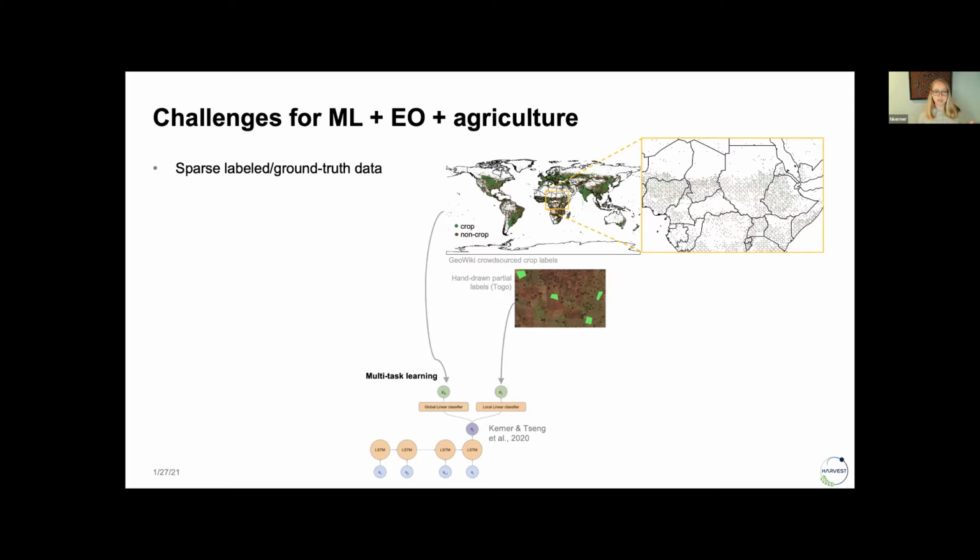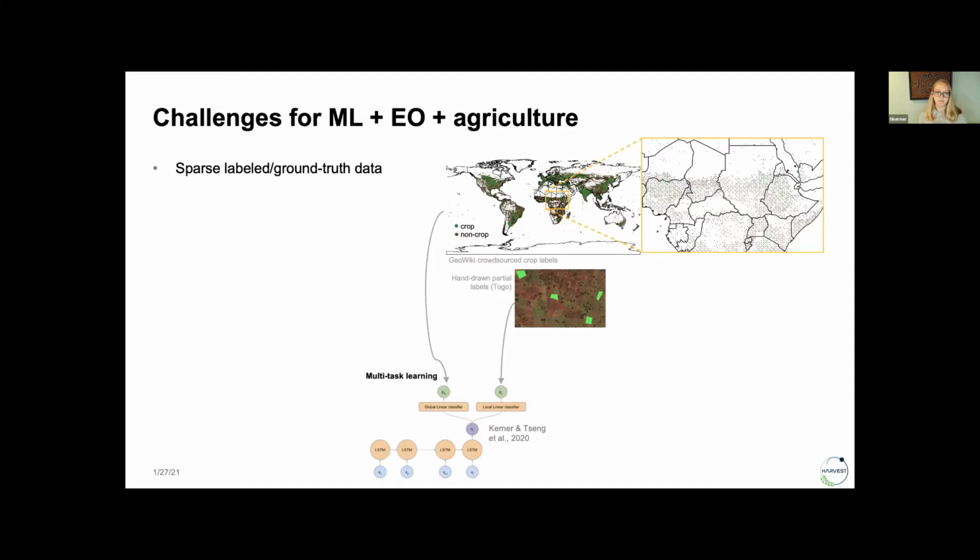So in this approach, we have a multi-headed LSTM, where one head of the network is classifying global, diverse, crowdsourced examples from the GeoWiki crop dataset. And then the other head of the model is classifying the local cropland examples.